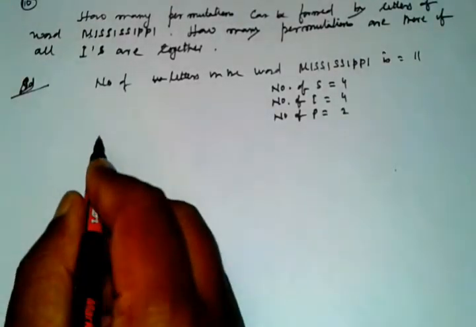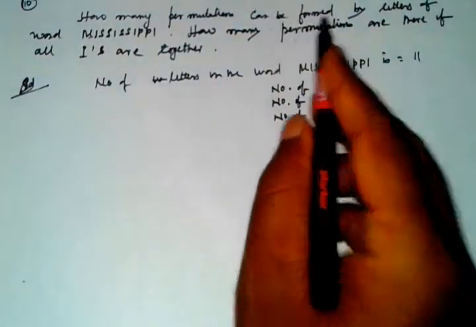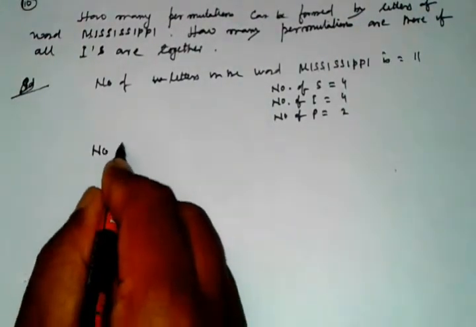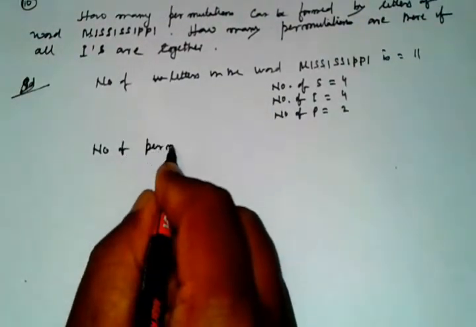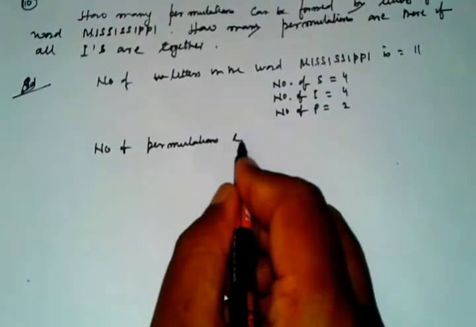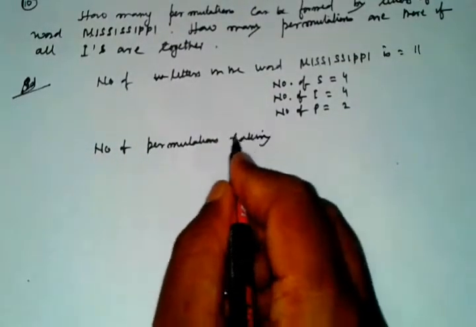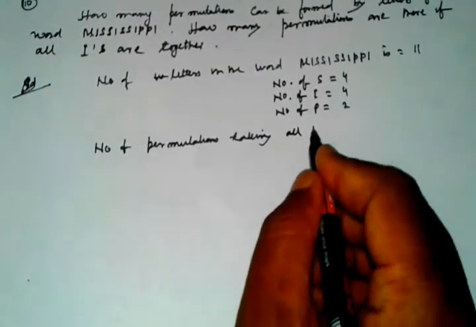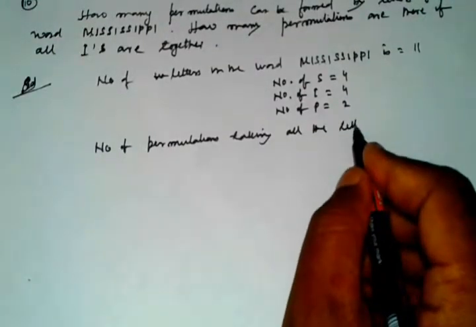So how many permutations, number of permutations, taking all the letters? This is factorial 11, that is total.